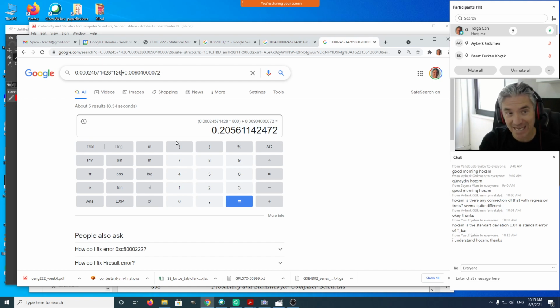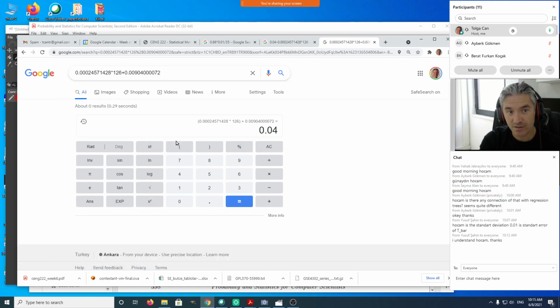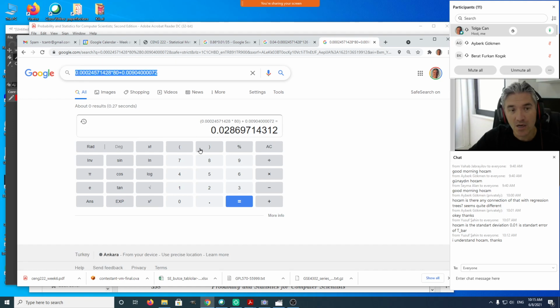If we have the exact average file size, it's 0.04. So it makes sense, right? That's also the average of our y bar. But if you have, for example, an 80 kilobyte file, it will take less than 0.04 seconds. So this becomes our linear regression model, and we can use it to predict transmission time for different file sizes.